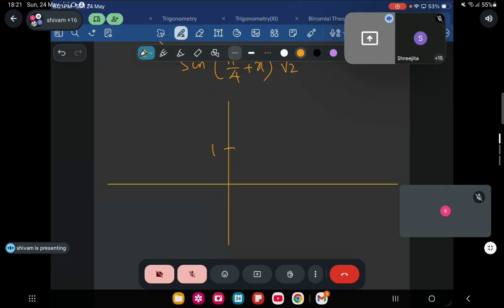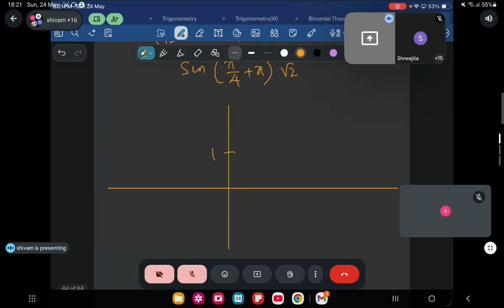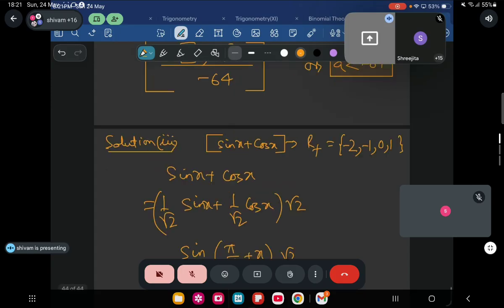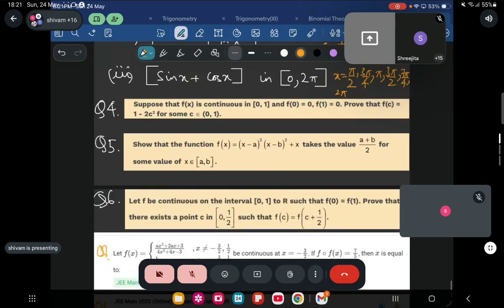Next, after that it will increase, then decrease, then again increase, right? So when will it reach root 2? When sin of pi by 4 plus x is equal to 1, that means x equal to pi by 4. At x equal to pi by 4 it will reach root 2. Then it will go below. We need to find out between 0 to 2 pi.